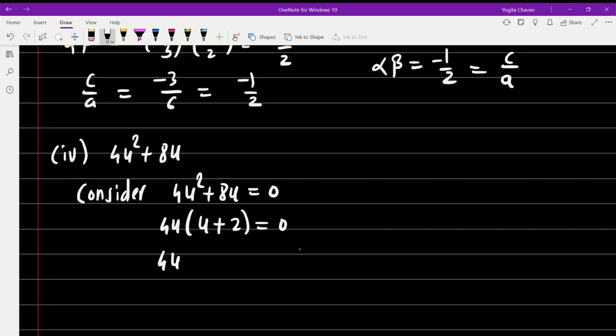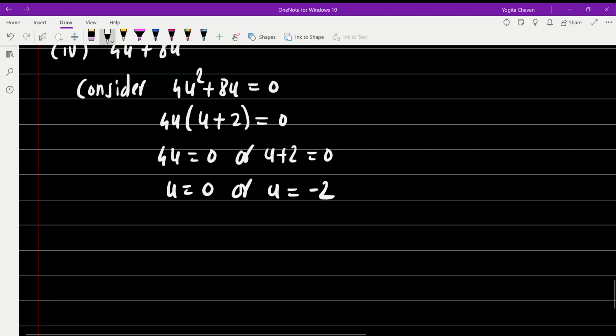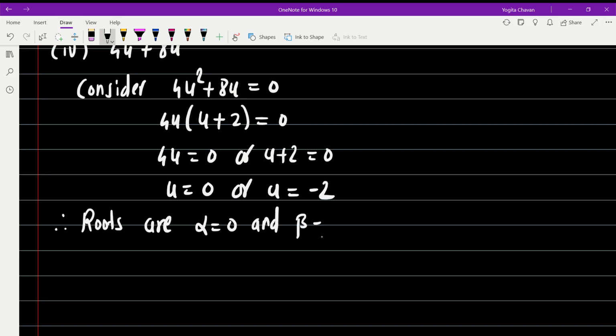So 4u equal to 0 or u plus 2 is equal to 0. So u equal to 0 or u equal to minus 2. So two roots are 0 and minus 2. Therefore roots are alpha is equal to 0 and beta is equal to minus 2.